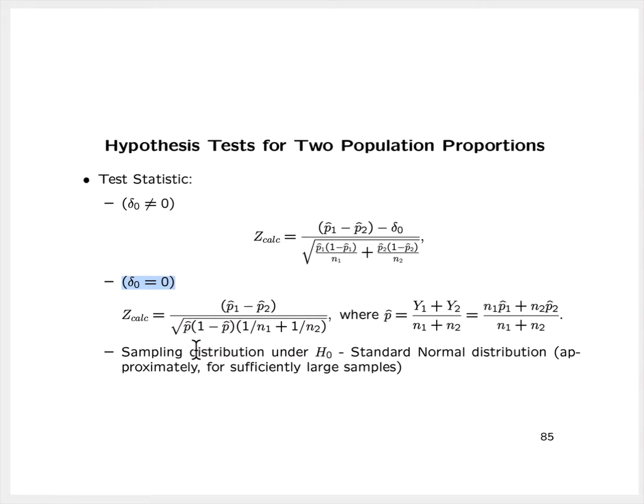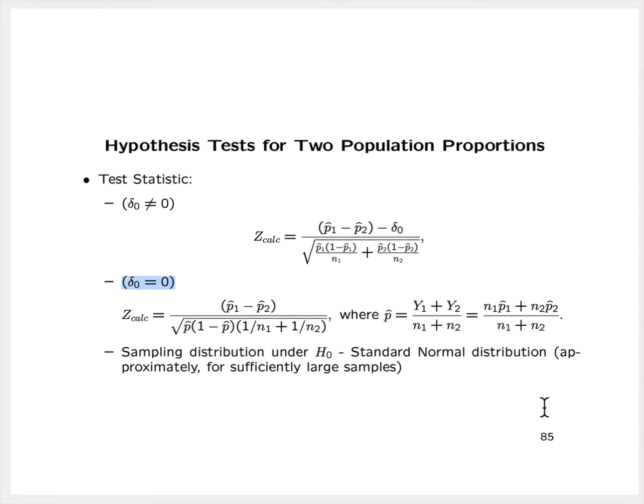That estimated standard error would be the square root of P hat times 1 minus P hat times the quantity 1 over N1 plus 1 over N2, where P hat is this pooled version of the sample proportion. Basically what we're doing here is combining the two samples and then calculating the sample proportion for that combined sample. So you see the formulas here.